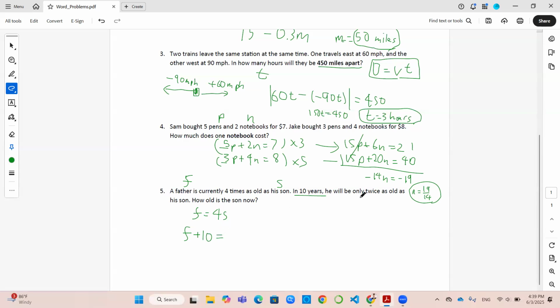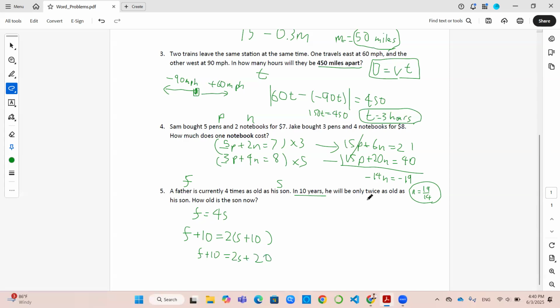And he will be only twice as old as his son. Twice as old as his son, you might be tempted to say 2 times S, right? But remember that the son's current age will be changed by adding 10. So it's plus 10 here. So if I work this out, it becomes F plus 10 is equal to 2S plus 20.